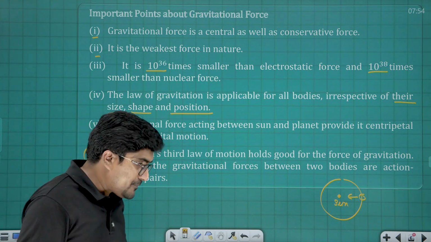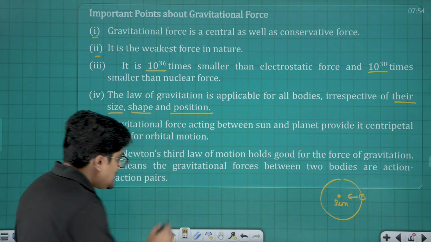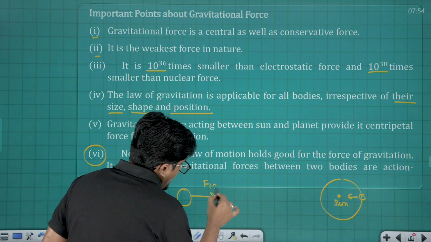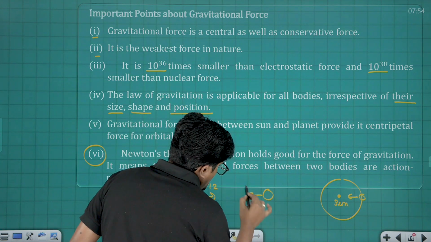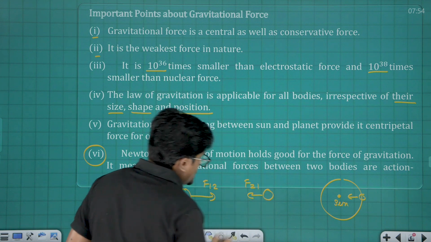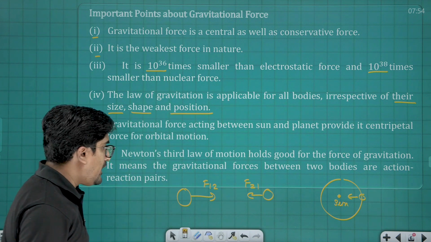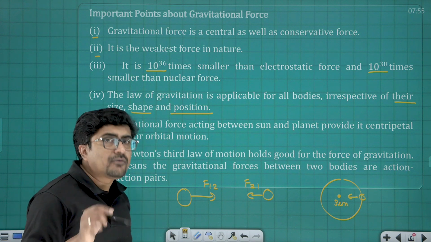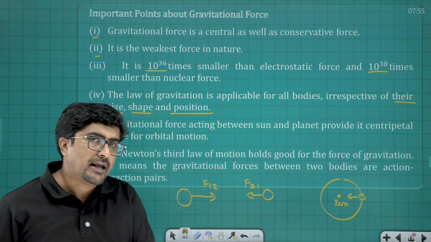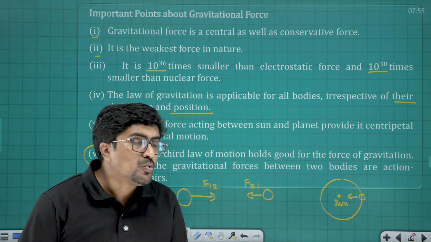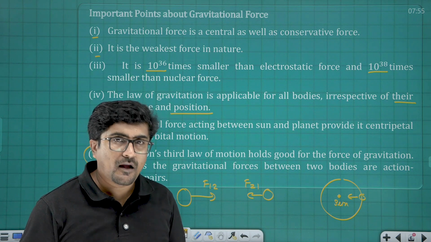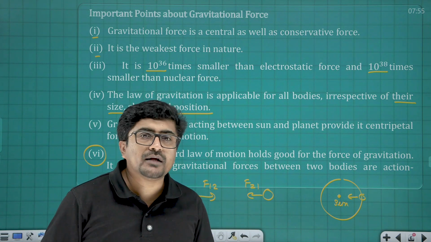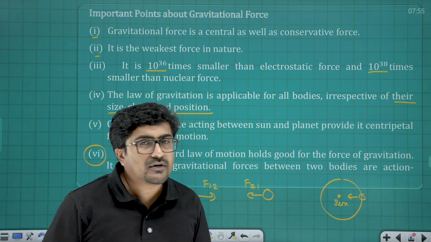And one more thing, this action and reaction: if I take F12 as action, then F21 is going to be the reaction. Always please try to understand this. Action and reaction act on two different bodies. I repeat, action and reaction act on two different bodies, so they never cancel each other.